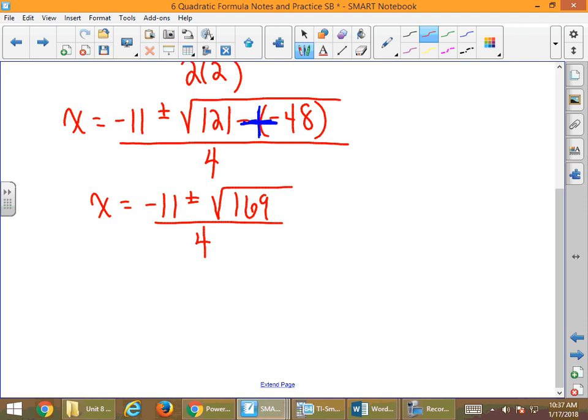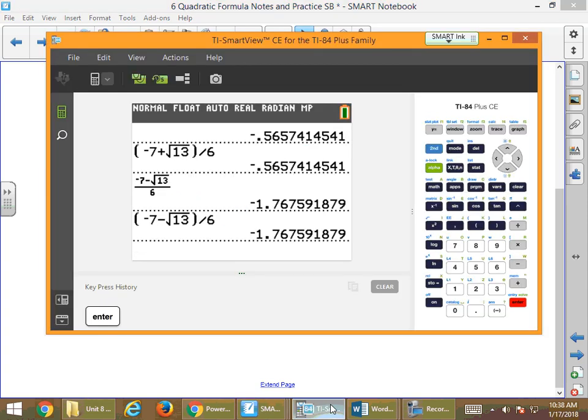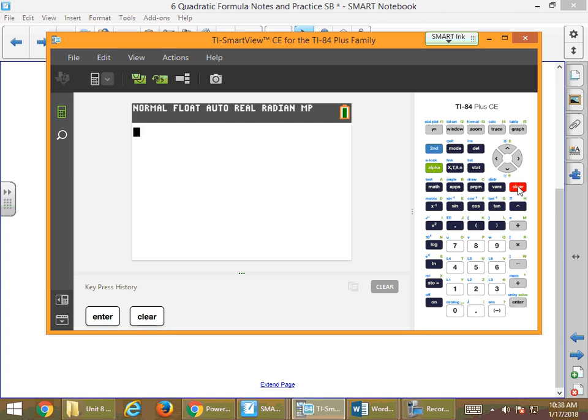And the question is, can we simplify the square root of 169? And the first thing for us to try is if we go back to our calculator and we type in the square root of 169, we don't get a big long decimal. We get the number 13, which is nice for us.